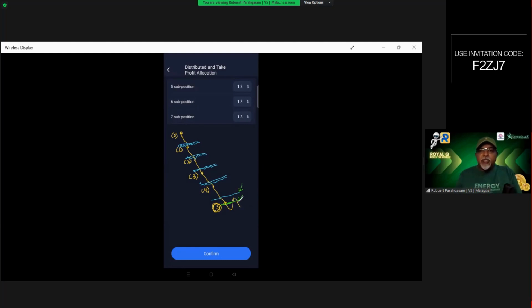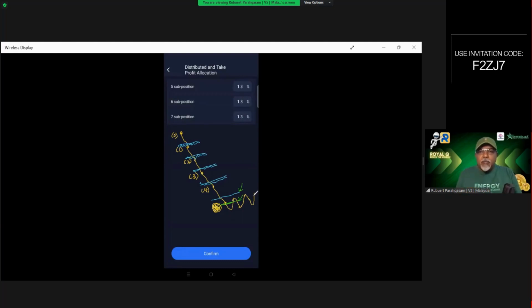So when it goes down again, we can buy layer 5 again. Suppose it comes back up here again, we can sell layer 5 again, take another profit. Suppose it goes down again, we buy again, layer 5 alone. Then it comes back up again, we sell layer 5 again, take another profit. Sub-bin allows us to take this particular profit for layer 5.